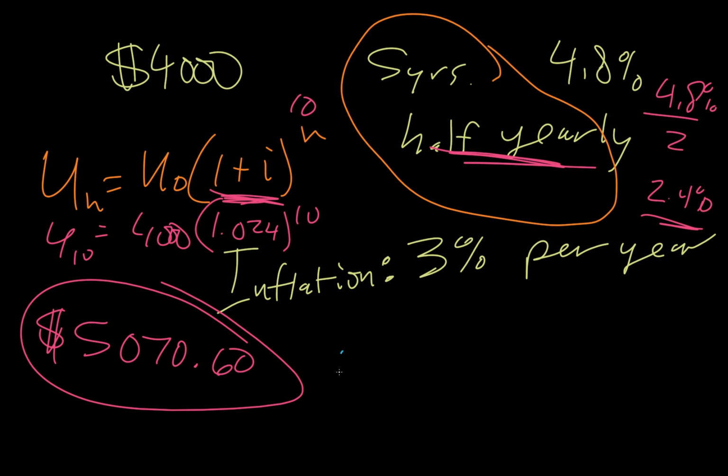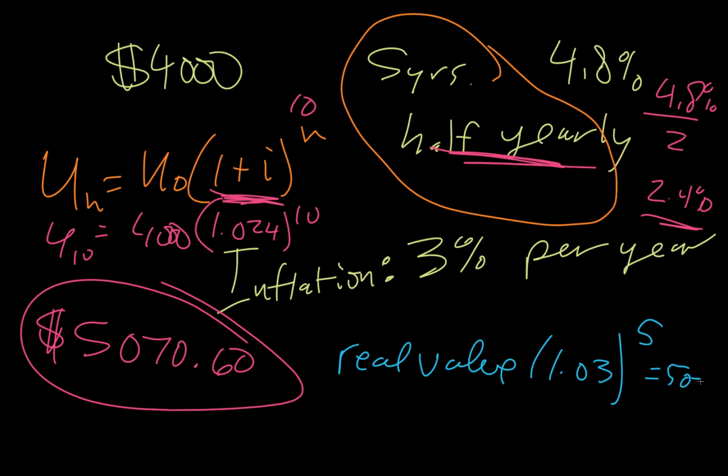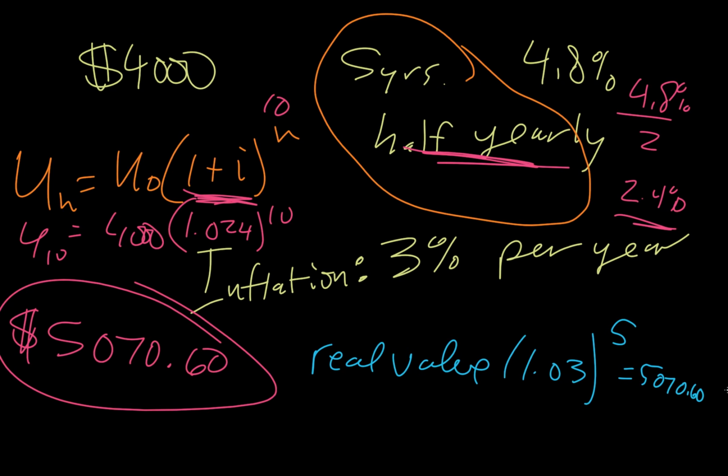We're going to take the real value, which we don't know, multiply that by the inflation rate, and we're looking at that over a 5-year period. And then we set that equal to the value that we had.